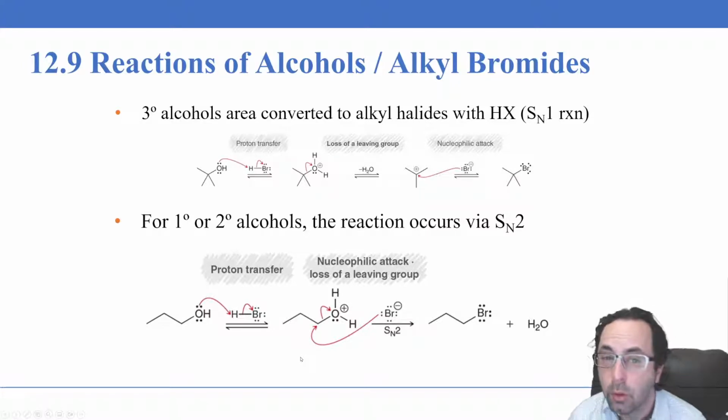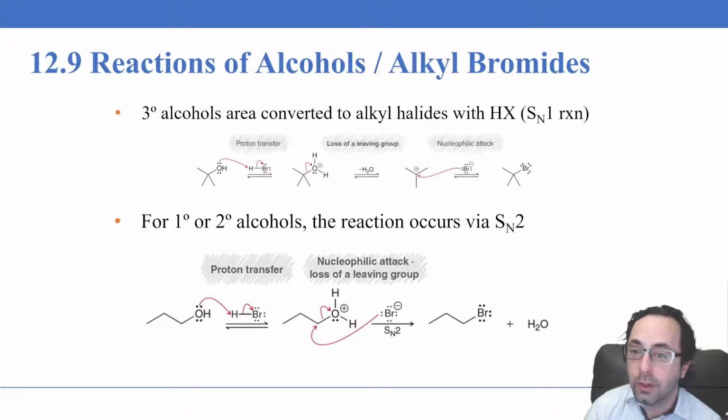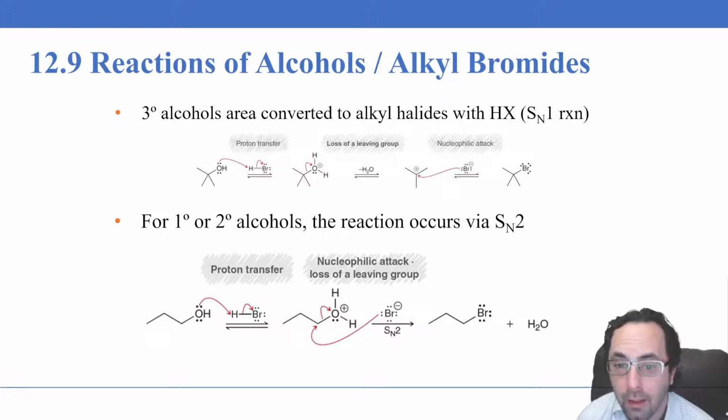Now, to review a previous reaction, you may recall that in a previous chapter, chapter 7, we talked about the reaction of alcohols to produce an alkyl halide.